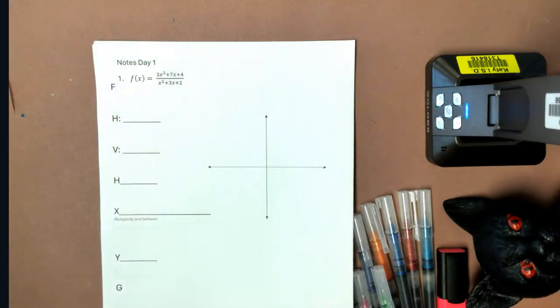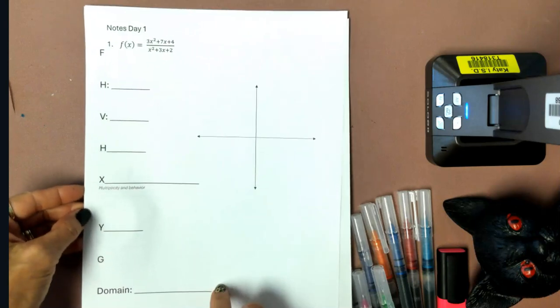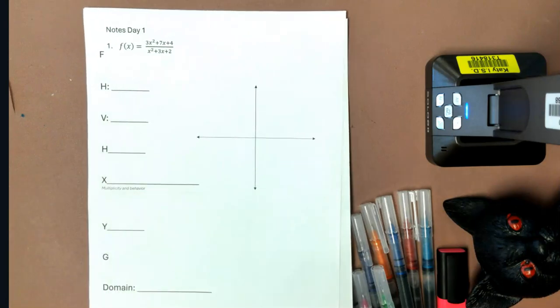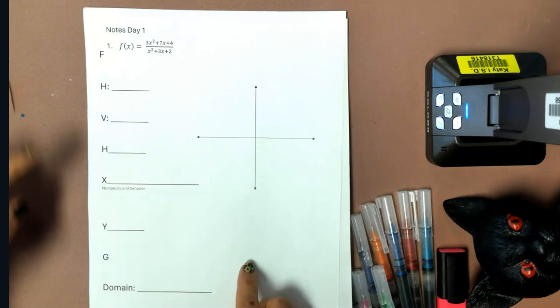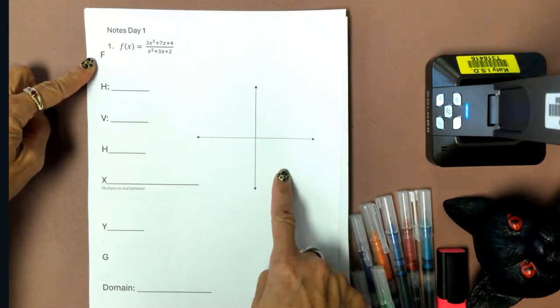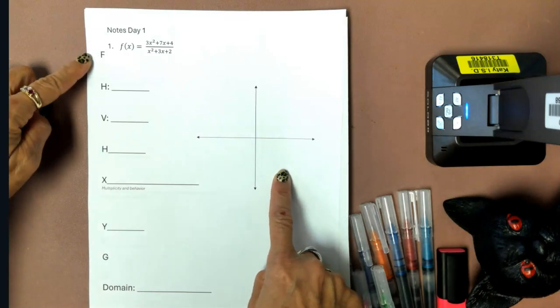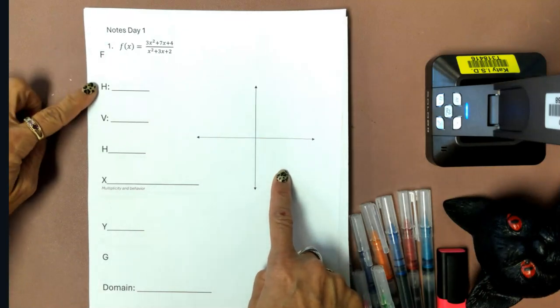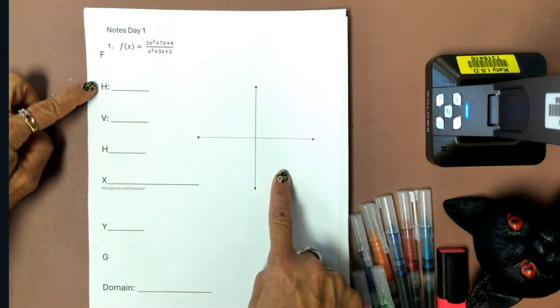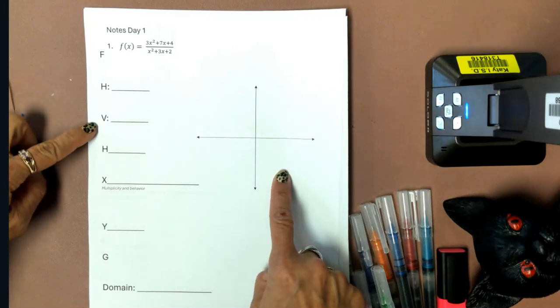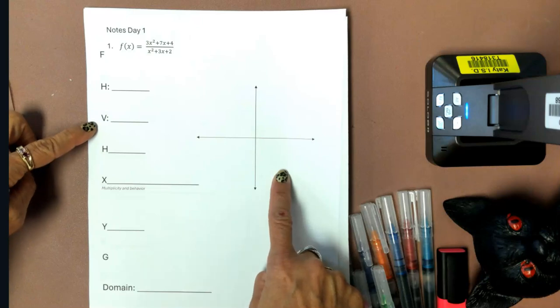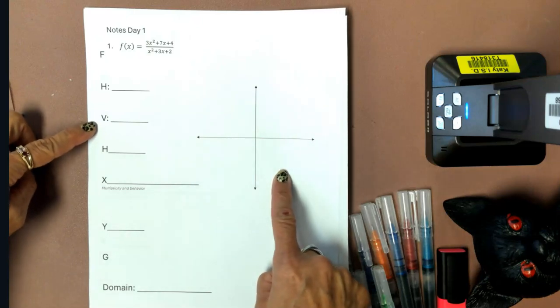So for our first example, as you can see, we're going to have several steps to complete this graph. Here's what these letters stand for, and they are in order to be able to graph this with a fair amount of time being saved. The first thing we're going to do is factor. The second thing we're going to do is find any holes or removable discontinuities. This V stands for vertical asymptotes, which of course are infinite discontinuities.